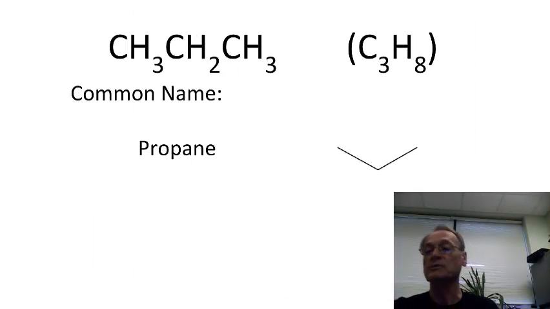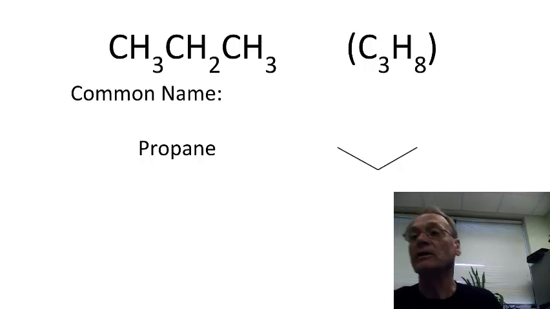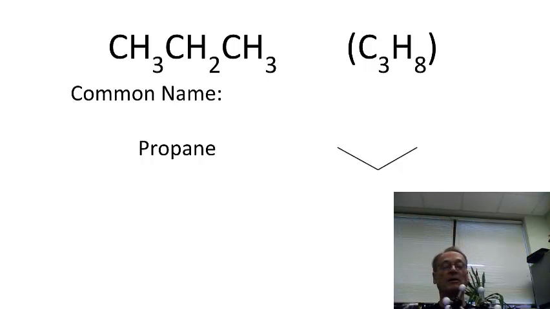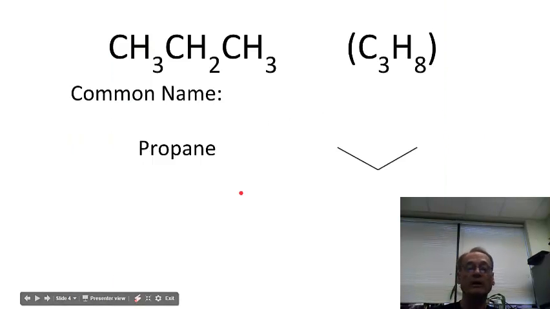The next most complicated is propane, and that's 3 carbons, so it's CCC. This carbon has 3 hydrogens, this carbon has 3 hydrogens, this one has 2, so it's CH3, CH2, CH3. Molecular formula C3H8. Now you'll notice one thing that I've done on this slide that I didn't do on the previous two is draw the line angle formula.